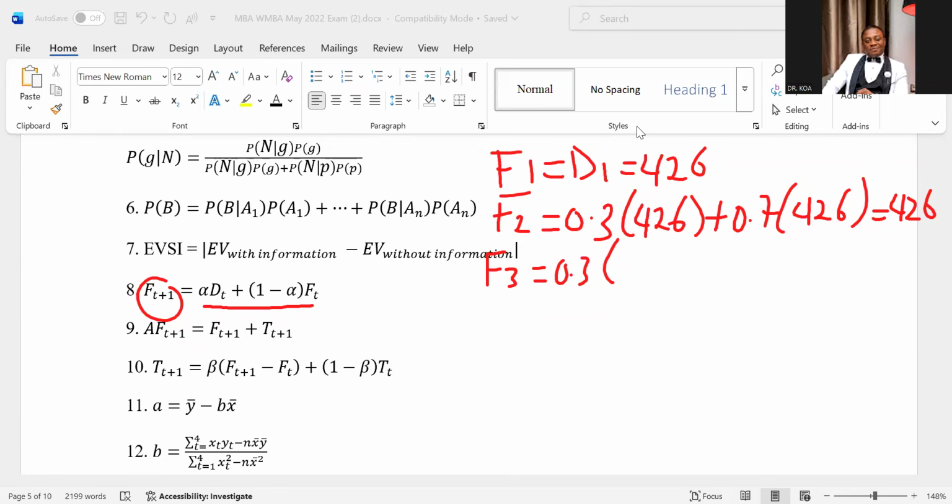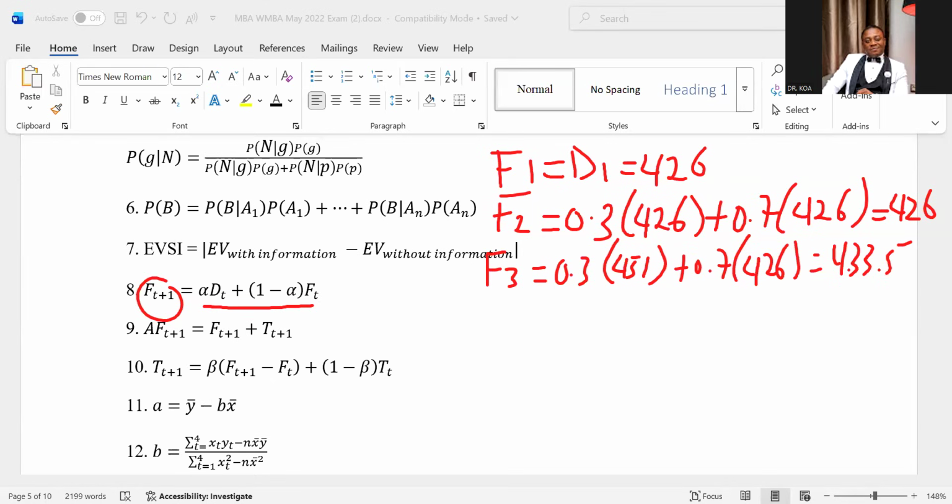D2, 451. Then plus 0.5 multiplied by F2. What is F2? Because remember, when you're in year 2, you are forecasting for year 3, which is what we are doing. It is 426, so you put in that same 426. And when you do that, you're going to get 433.5.